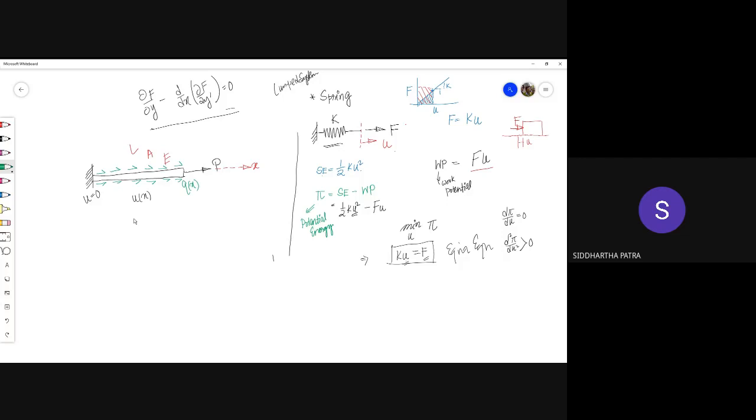Now let's say I take a small differential element of length dx at a distance x away from the fixed end, and draw the free body diagram for the same.